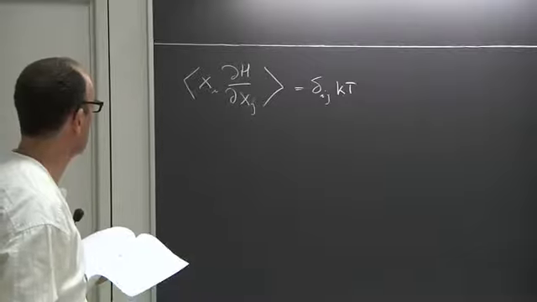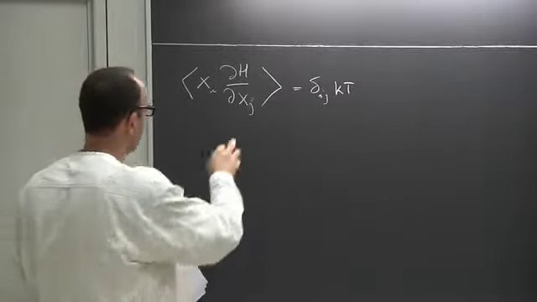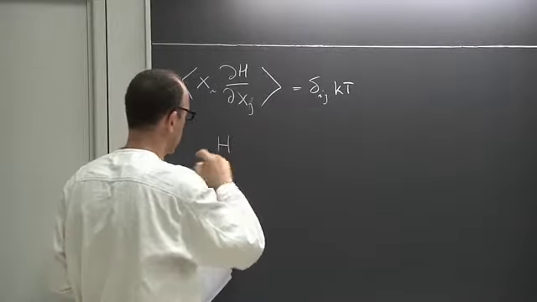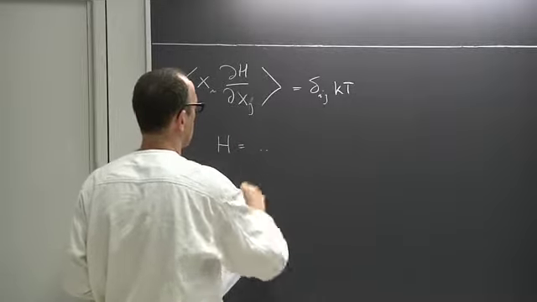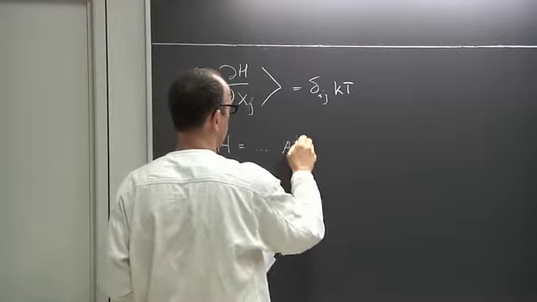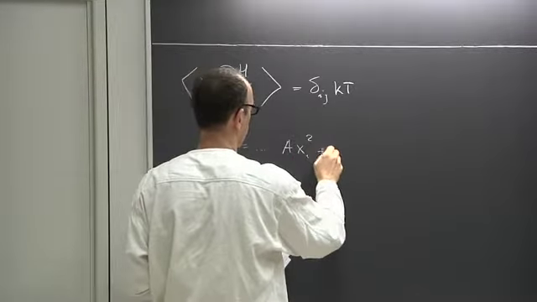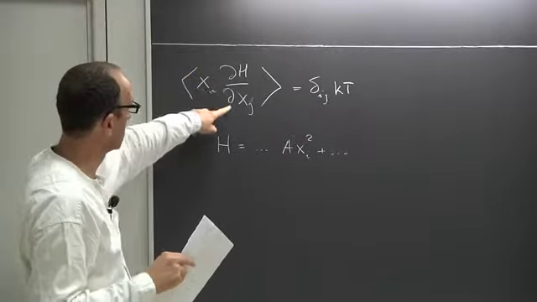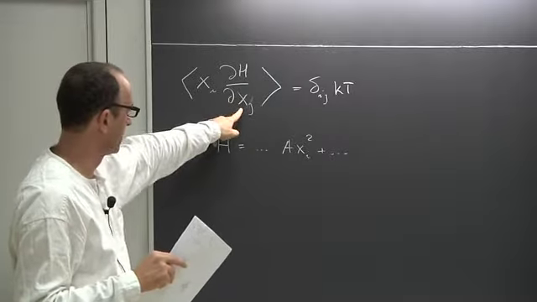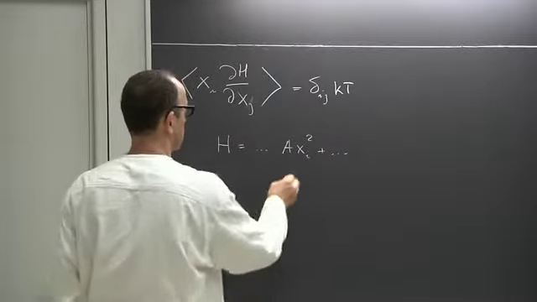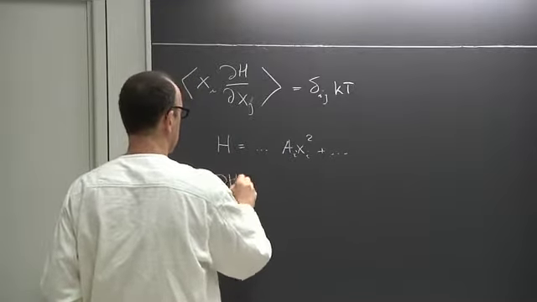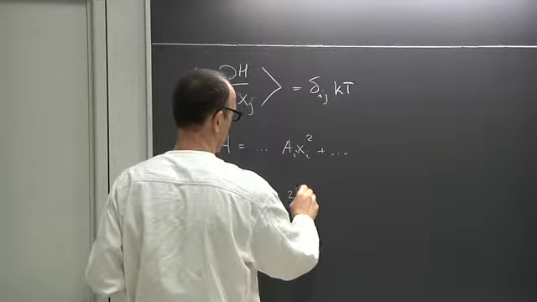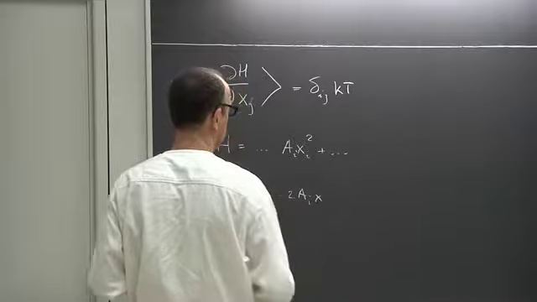Okay, and one consequence of this is that if the Hamiltonian depends on the variable xi in a quadratic fashion, then when you take this derivative with respect to xi, you will have, let's say this is ai, so dH/dxi will be equal to 2ai times xi.